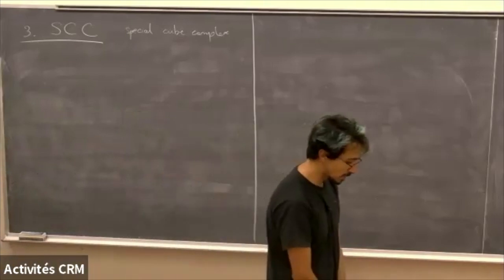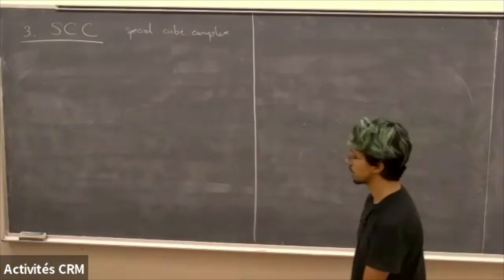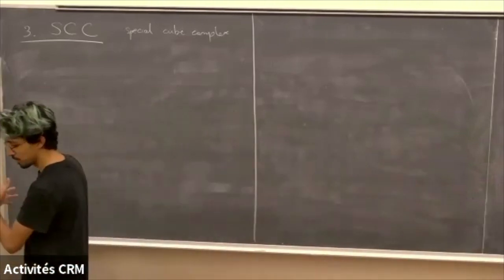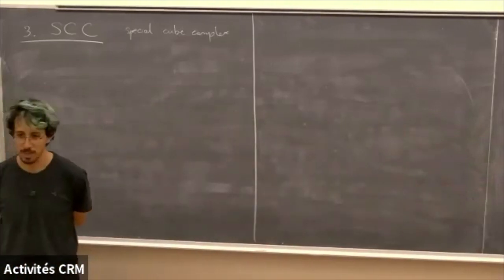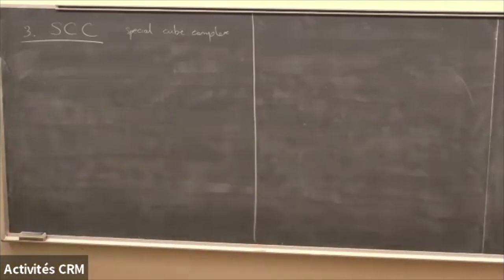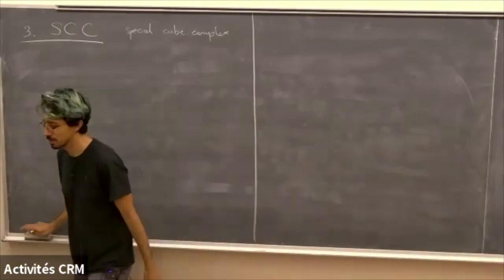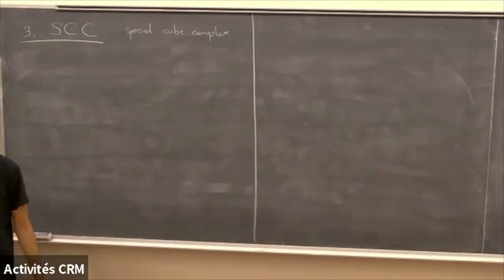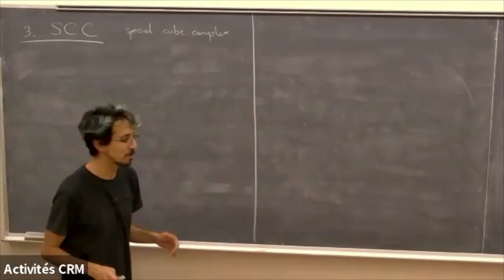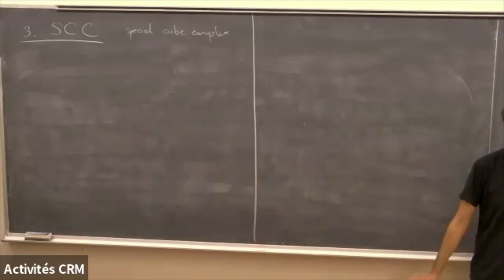And you also saw that you can actually cubulate groups. Especially when your group is hyperbolic, it's not easy, but you have to cubulate it. And by cubulate, I mean act properly and cocompactly on a cube complex.